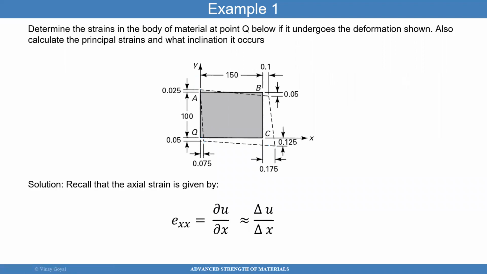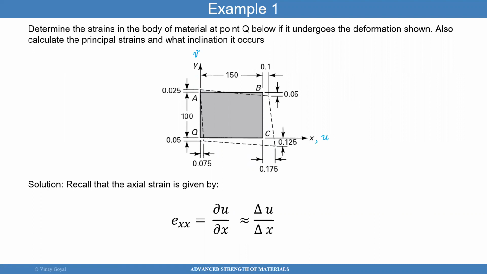If you recall, the axial strain is given by this equation, but that's approximately equal to the change in the deflection in the x-axis divided by the original length. And recall that in this case, deflection U is to the right and deflection V is upwards.